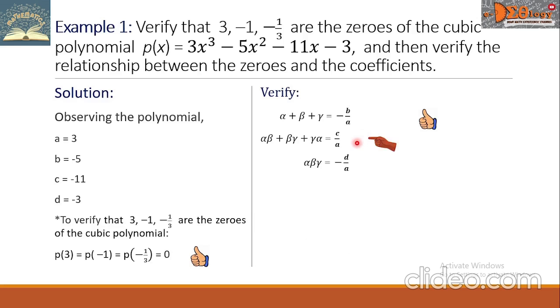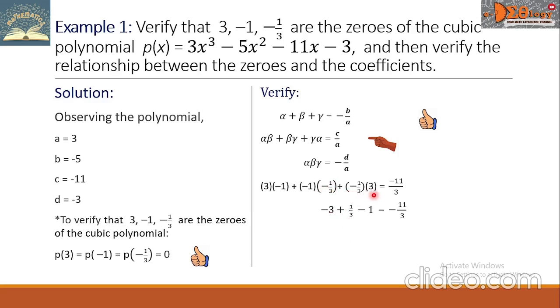Let's proceed with the second. Let us substitute the corresponding values. 3 times negative 1 plus negative 1 times negative 1/3 plus negative 1/3 times 3. Is it equal to c over a? The c is negative 11 over the a, which is 3. This 3 times negative 1 is negative 3. Negative 1 times negative 1/3 is positive 1/3.